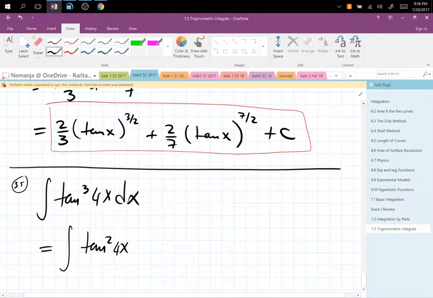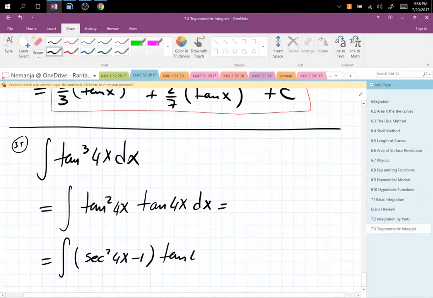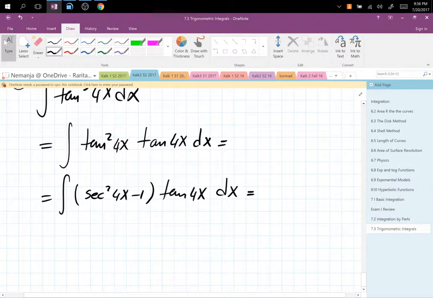That's just there to further make things interesting. Tangent squared would be secant squared minus 1. So secant squared 4x minus 1 times tangent 4x dx. And now when you distribute, what do you get?